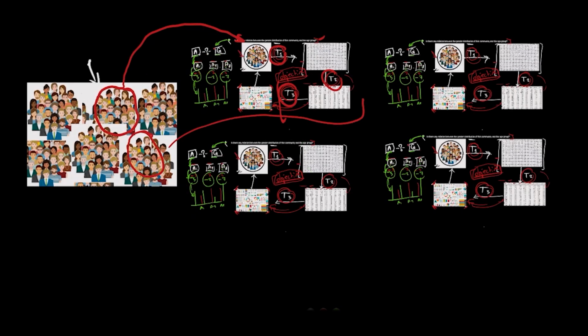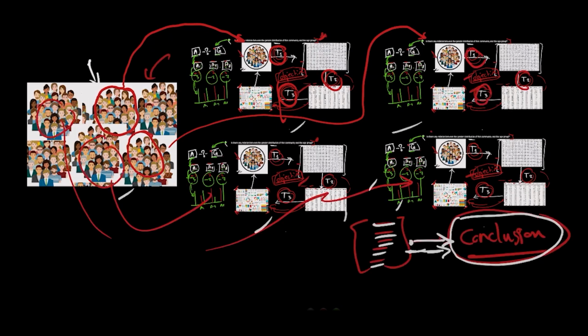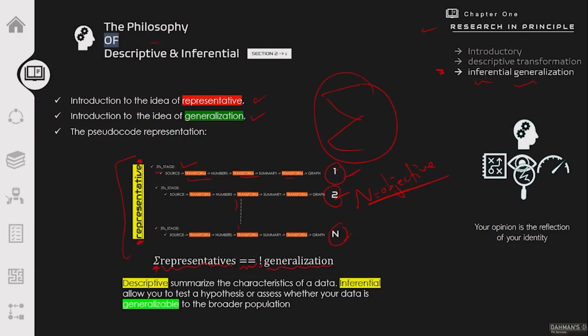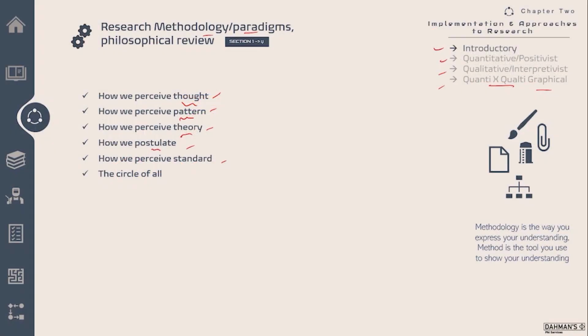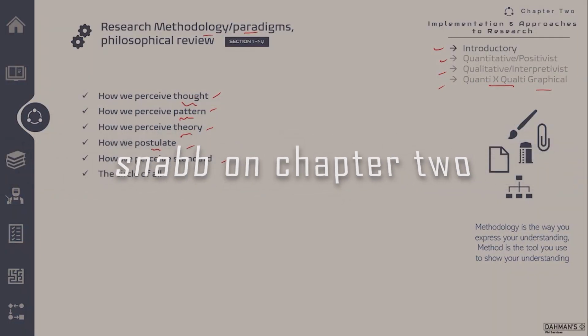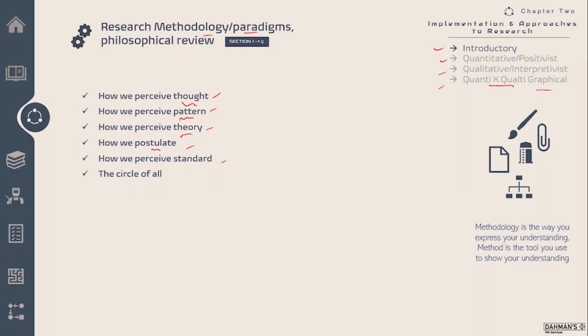Take this group out and once again do the transformation and come up with another answer. And one more time, a representation of inferential is quite clear to you. This is the art of inferential postulates, and that means to suggest or to assume the existence or the fact or truth of something as a basis for reasoning or discussion or belief.